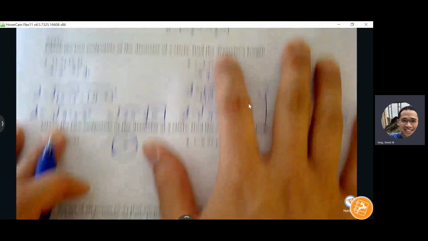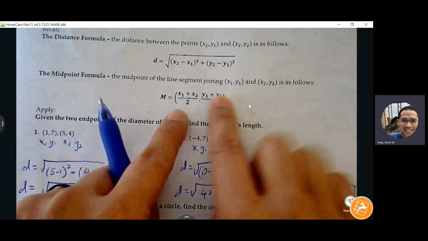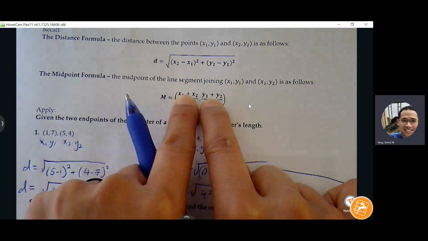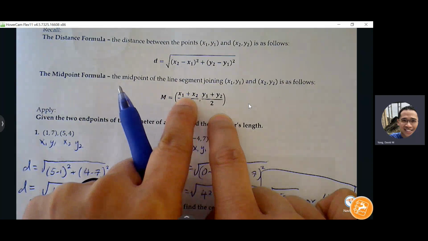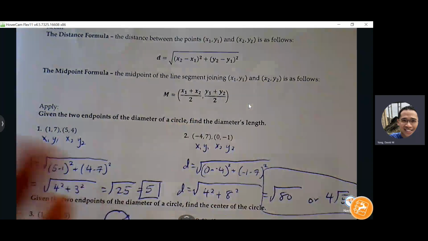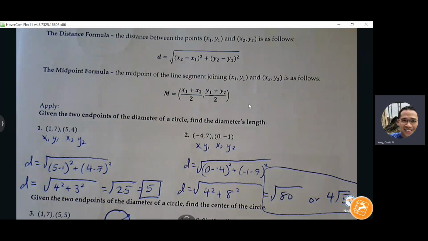So just remind yourself, though, that the operation is different between distance and midpoint. Here, we're not doing x1 minus x2 or x2 minus x1. We're finding the average of 2 numbers. So we're always going to be adding the 2 x's together, dividing by 2.